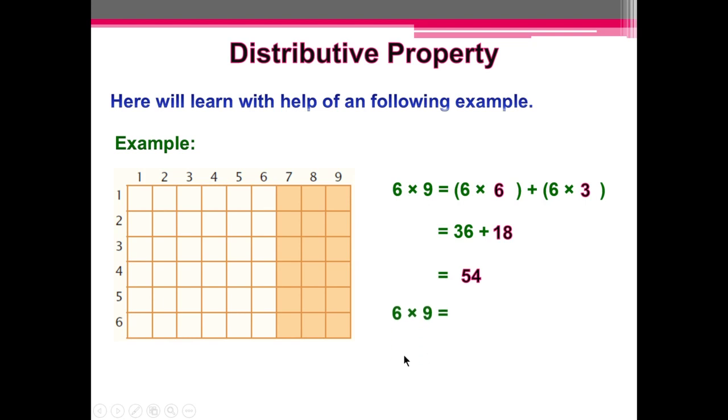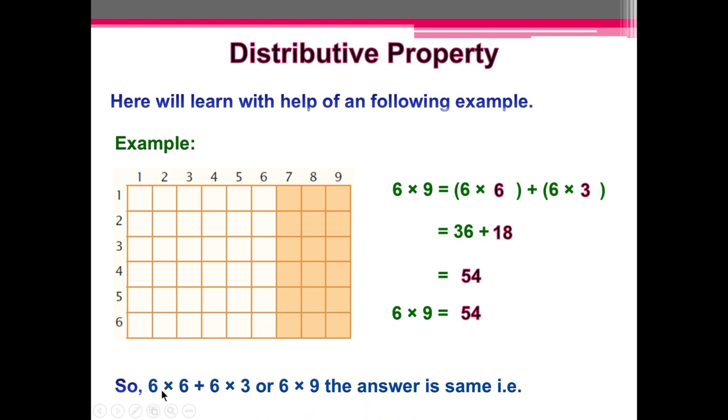Now, 6 multiplied by 9 is equal to 54. So, what did you observe in this? 6 multiplied by 6 plus 6 multiplied by 3, or 6 multiplied by 9. The answer is the same. That is 54.